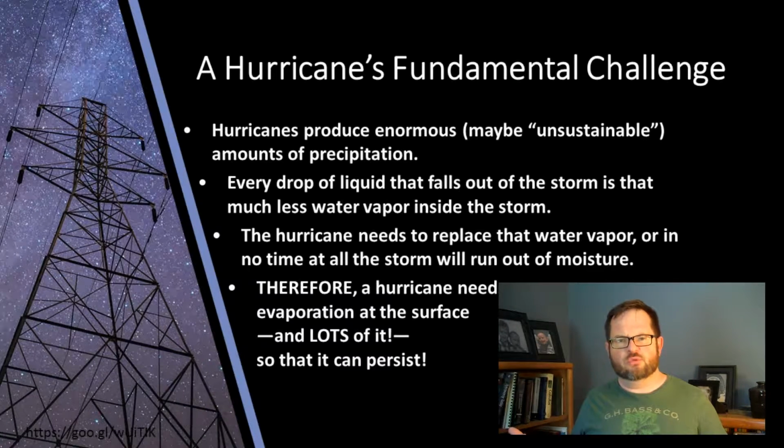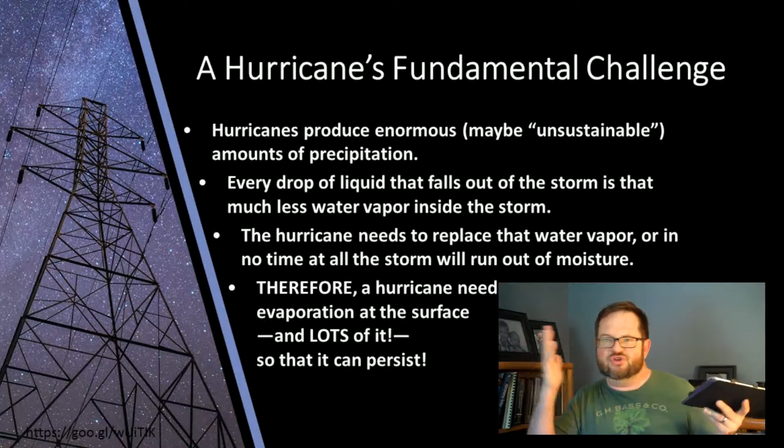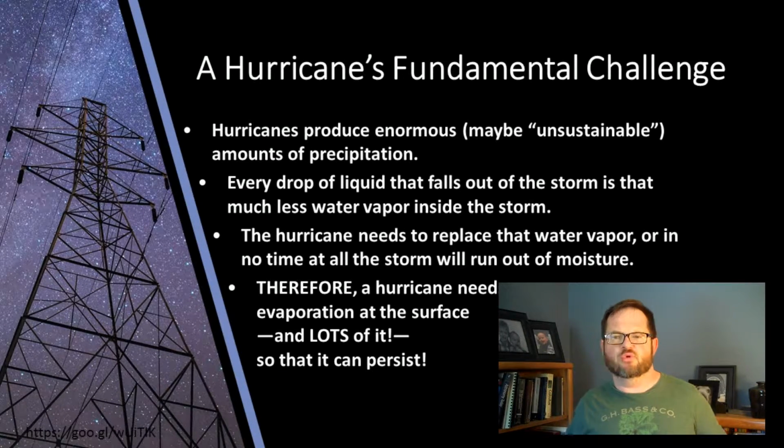wow, that's a lot of liquid water. In fact, that's an enormous amount of water vapor. So in the course of maybe a few hours at that rain rate, you'll use up all the water vapor in the hurricane. Now there'll be no water vapor in the storm to convert into liquid water, and there's no rain, there's no storm or anything anymore.